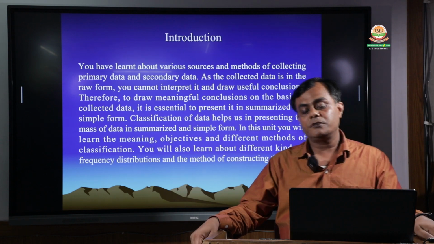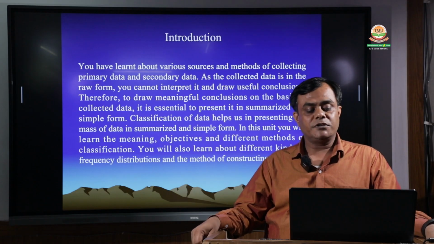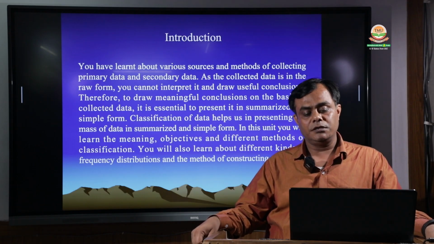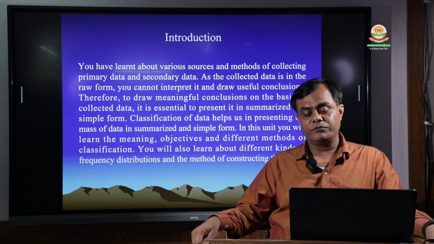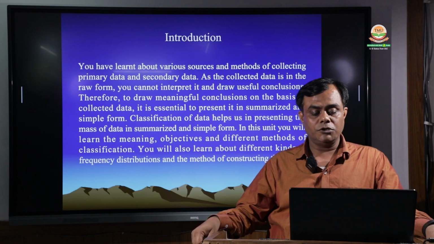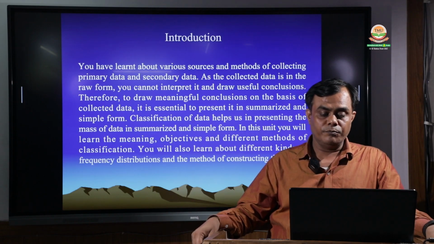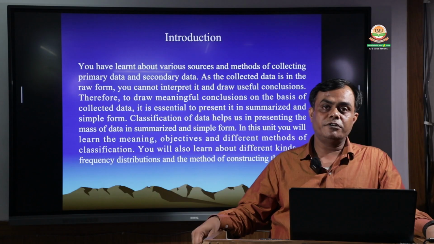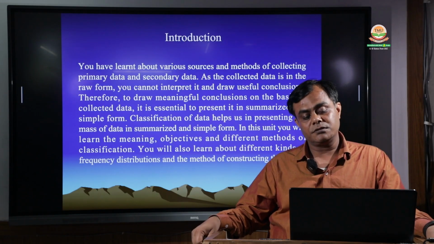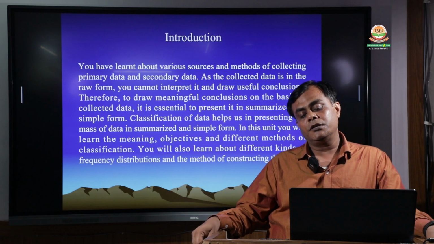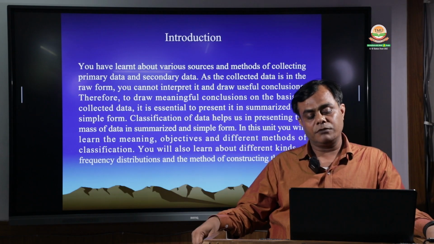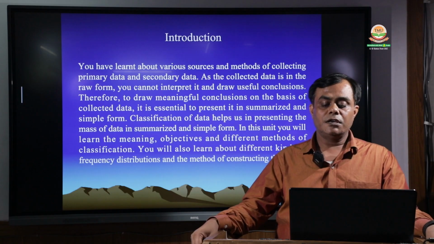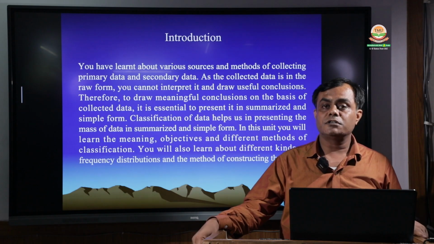The classification of data helps us present the mass of data in a summarized, simple format. In this unit, you will learn the meaning, objective and different methods of classification. You will also learn about the different kinds of frequency distribution and the methods of constructing them.